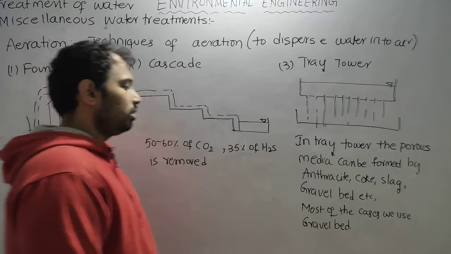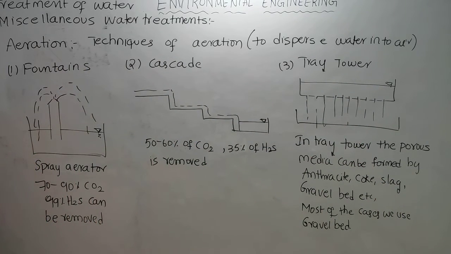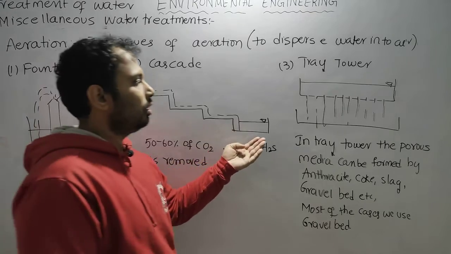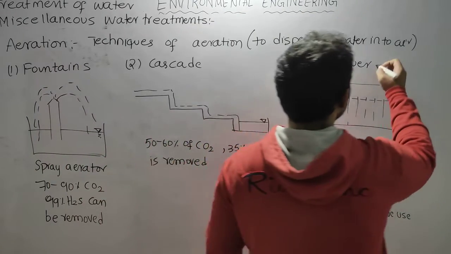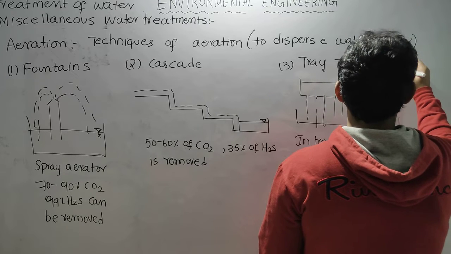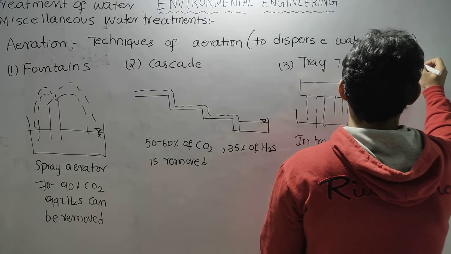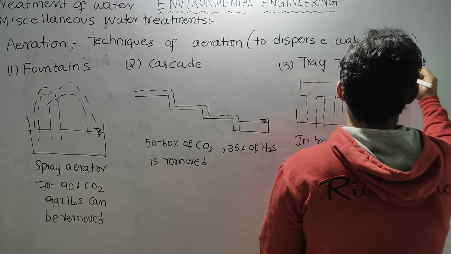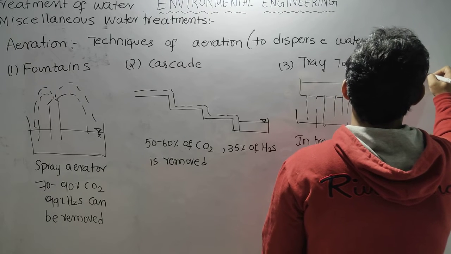In most cases we use the gravel bed only. This is one of the most efficient methods for the removal of CO2. The tray tower is the most efficient method for removing CO2, but not other gases.